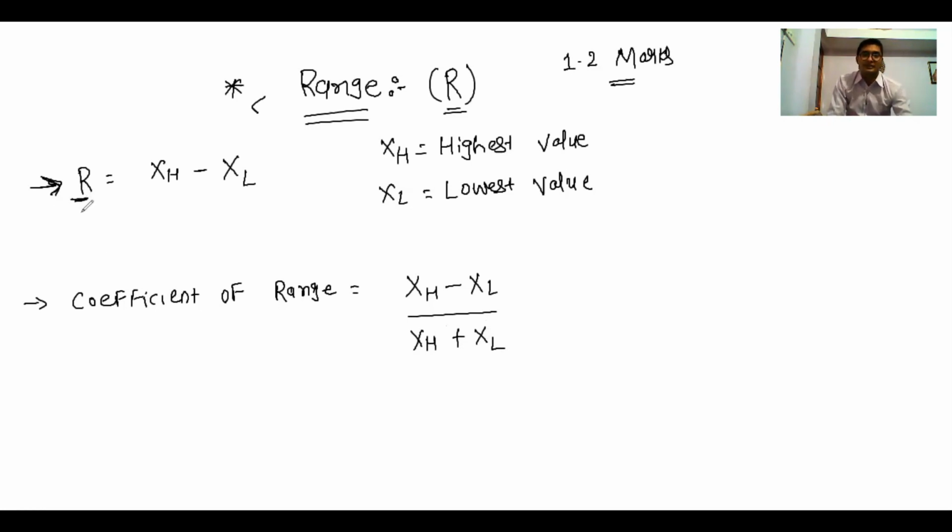Here, XH minus XL is called range, and this is called the coefficient of range, where XH minus XL is in the numerator and XH plus XL is in the denominator. In a simple way, we can also write it like this: XH minus XL is R, so we can write R divided by XH plus XL. Both have the same meaning and both are correct formulas.